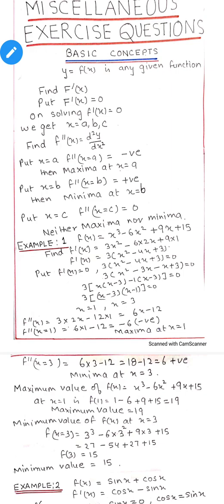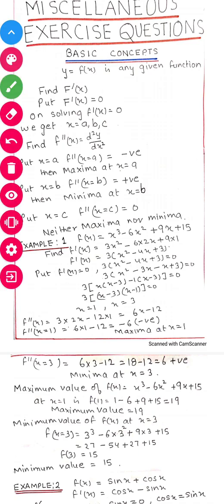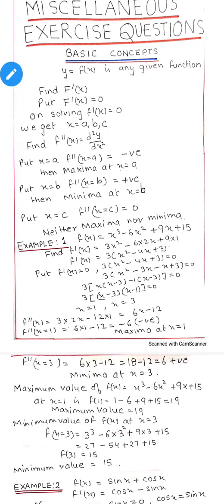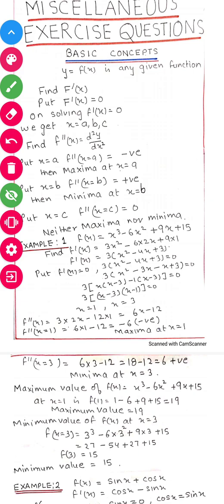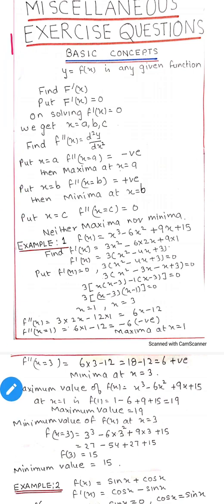Consider f(x) is equal to x cube minus 6x square plus 9x plus 15. f'(x) is equal to 3x square minus 6 into 2x plus 9. f'(x) is equal to 3x square minus 4x plus 3.